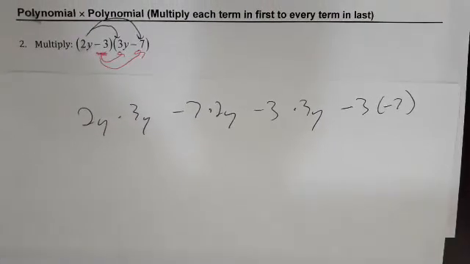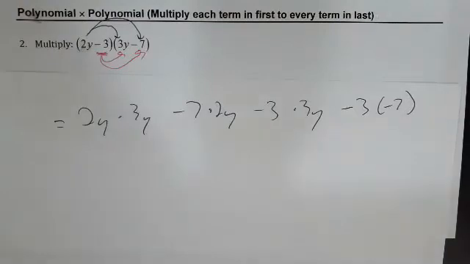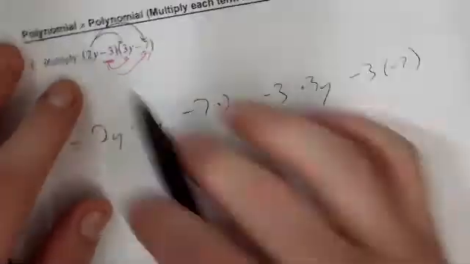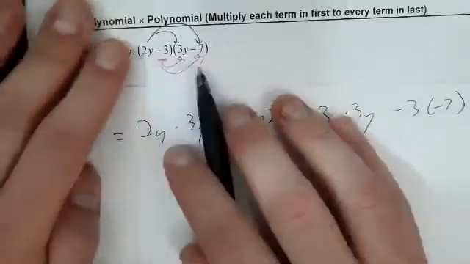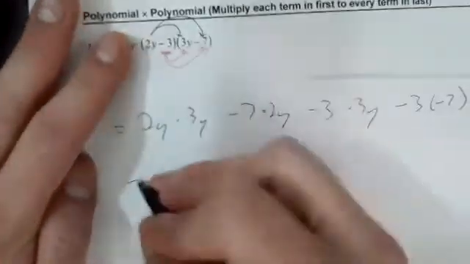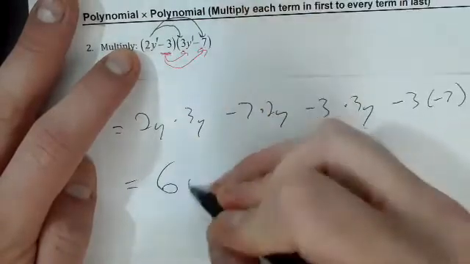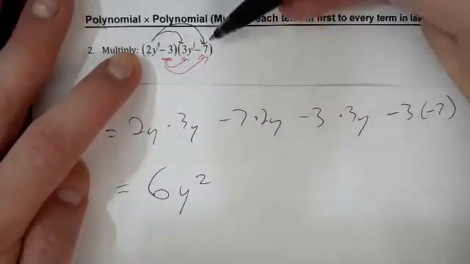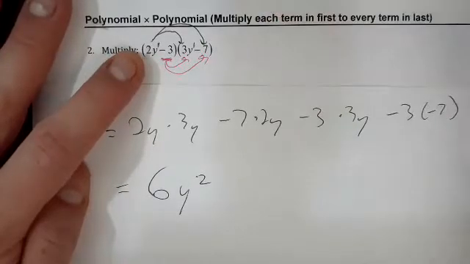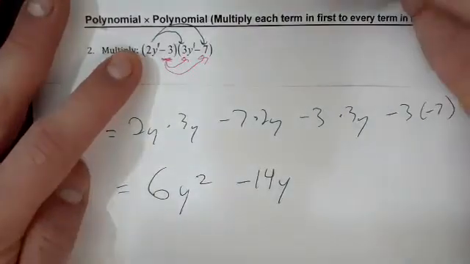If you have to write out this middle step, that's fine. But I feel like at some point, hopefully we can get beyond writing out these middle steps. So 2y times 3y, I'm going to multiply coefficients by coefficients. 2 times 3 is going to give me 6. y to the first and y to the first gives me y squared. 2y times minus 7: 2 and minus 7 makes minus 14, and it's got a y attached.